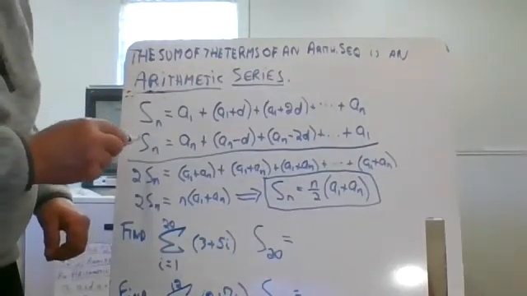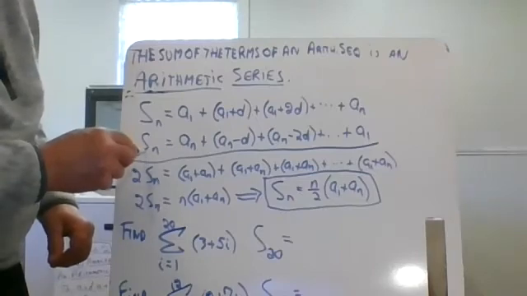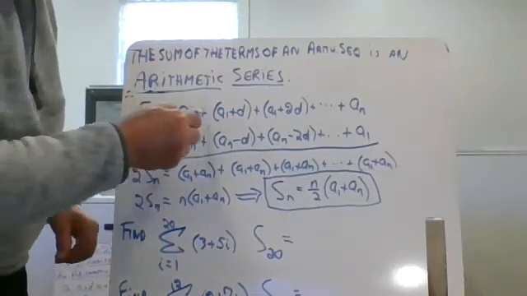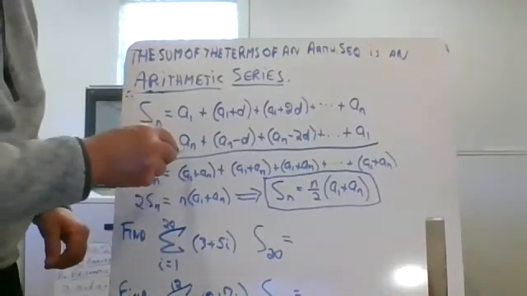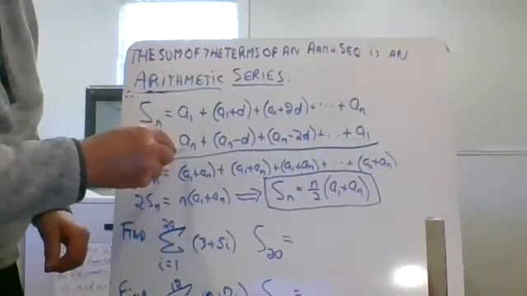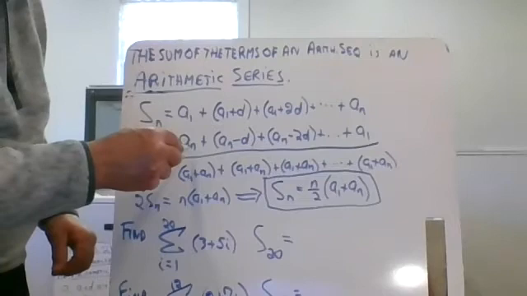And then we get clever. We write S sub n again, only this time we reverse this thing. We start with A sub n as our first term here. We take the last term and write it first.